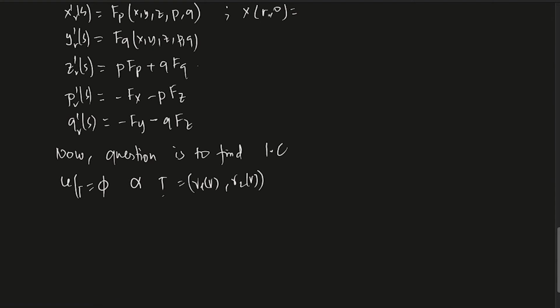So x at the point r0 is given by gamma 1 of r, because that's the first thing. And y at the point r0 will be given by gamma 2 of r.